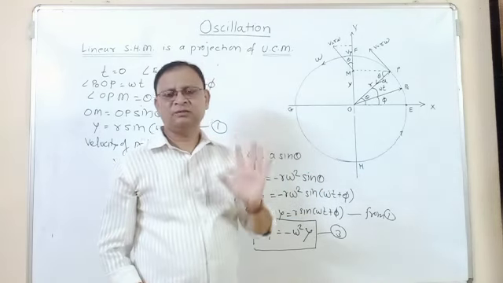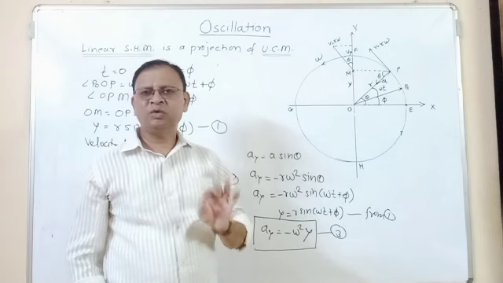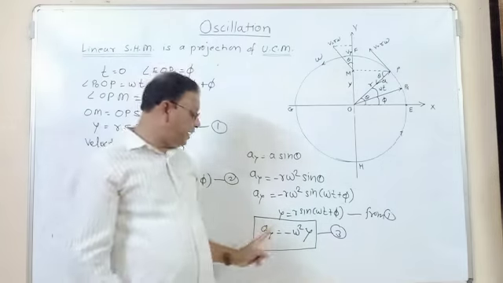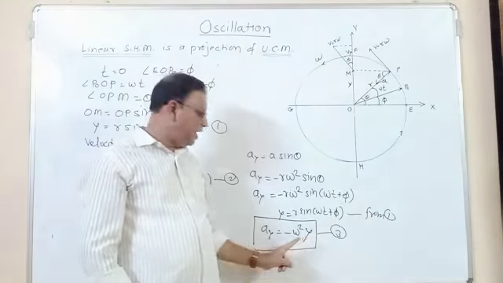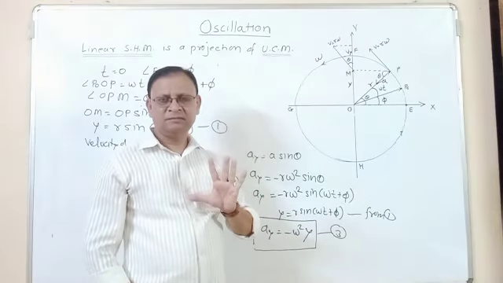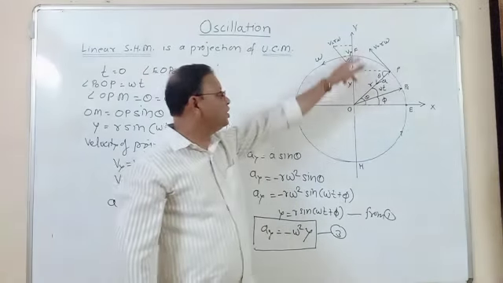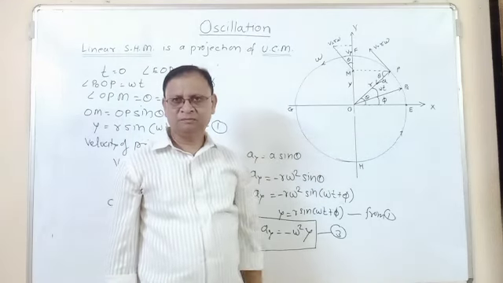We have defined linear simple harmonic motion as linear periodic oscillatory motion of a body in which acceleration is directly proportional to its displacement from the mean position, and acceleration and displacement are opposite in direction. Therefore clearly this projection of a particle is performing oscillatory motion.